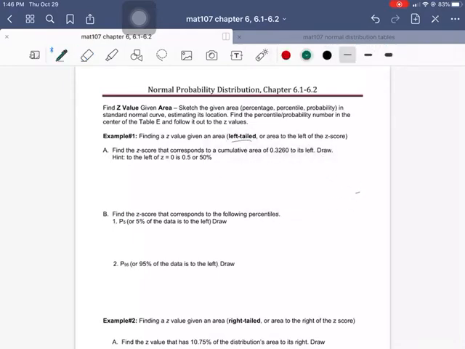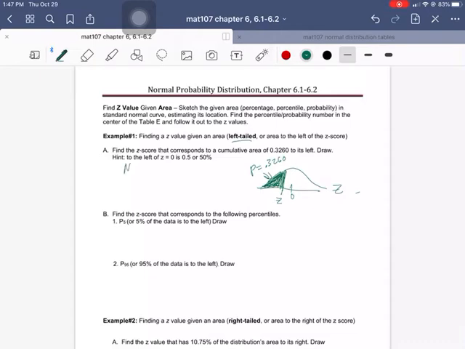For a left-tailed example, if it's only 0.3260, then it's got to be somewhere over here and to the left is your area. Okay, your probability of a data point being over there. So what we're looking for is what z-value that corresponds to.